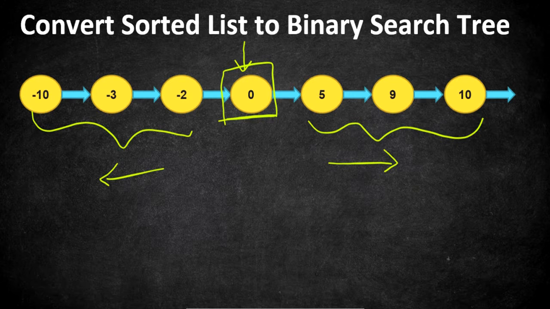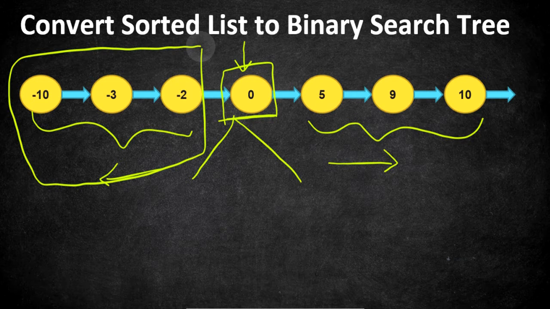Once this is done, we are going to construct a left subtree and attach that as the left child of our root. In the same way, we are going to construct a right subtree and attach that as the right child of the root. So coming to our first half of the list, that is -10, -3 and -2, here we have to find again the root node of our left subtree.